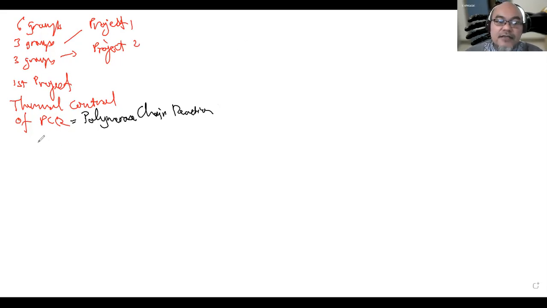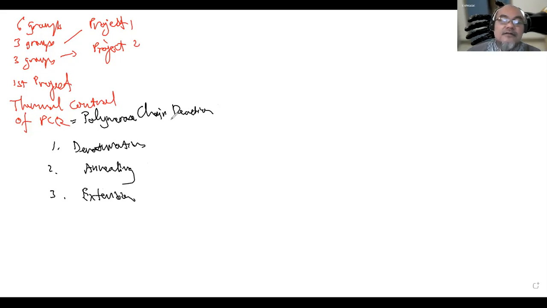So what does it do? It consists of 3 steps. The first one is denaturation, step number 2 is called annealing, and step number 3 is called extension. In denaturation, this is done at 95 degrees Celsius.